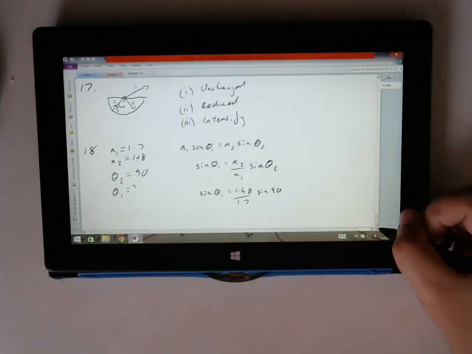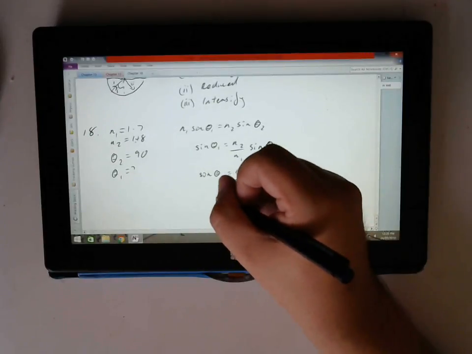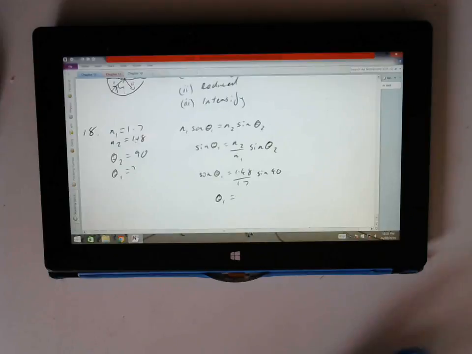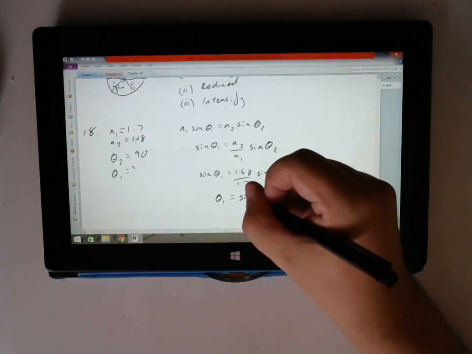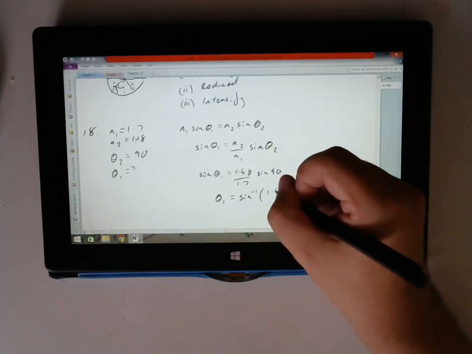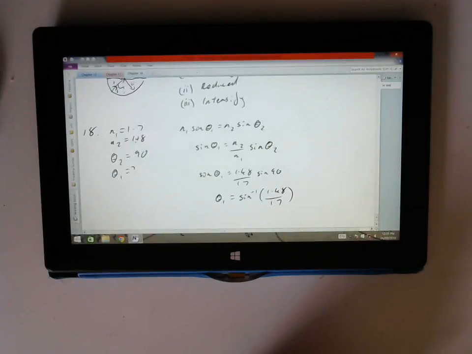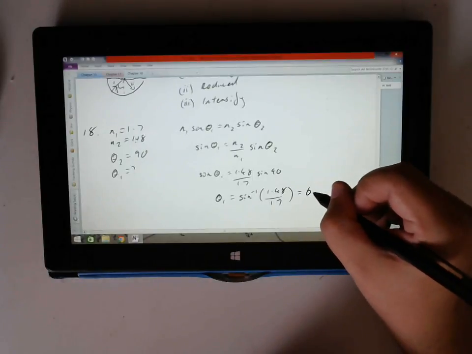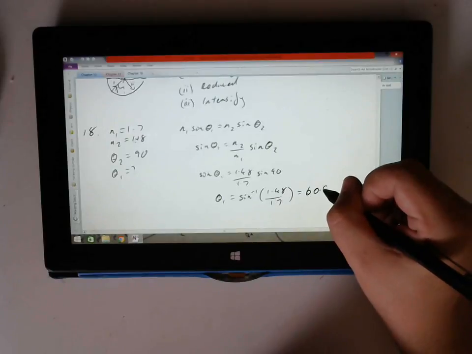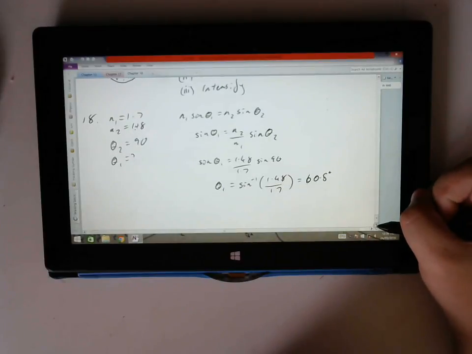So that means theta 1 equals the arc sine of 1.48 over 1.7. Arc sine, we get about 60.5 degrees. Okay, so that's the first bit.